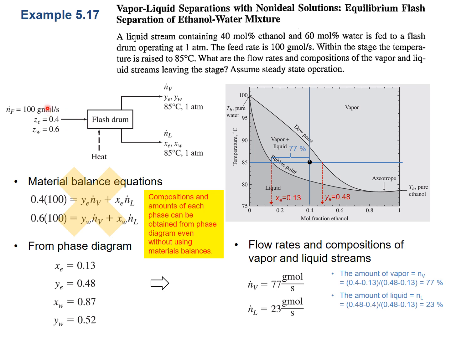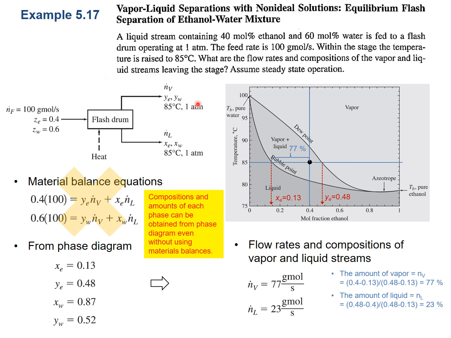The feed rate is 100 gram moles per second, and within the stage, the temperature is raised to 85 Celsius degree. What are the flow rates and compositions of the vapor and liquid streams leaving the stages?